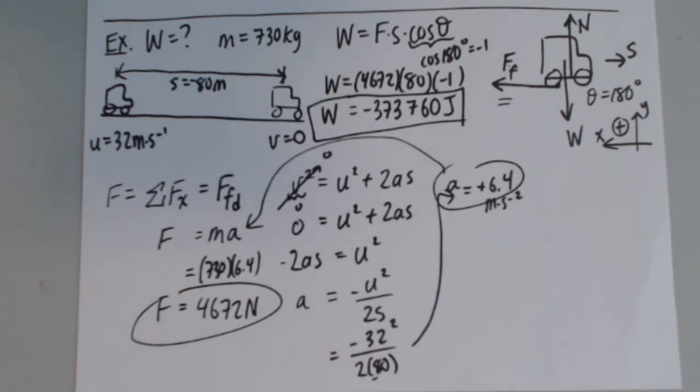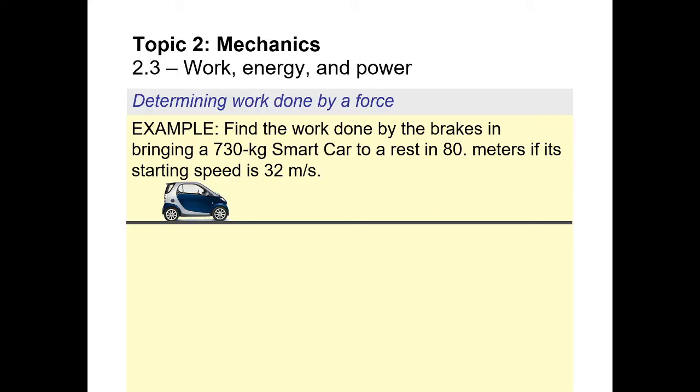What I really want you to notice and keep in mind, because we're going to come back to this, is that in order for the speed to decrease, negative work had to be done. I'll say that again. In order for the speed to decrease, negative work had to be done. Just keep that in mind. We'll come back to this later on in the lesson.